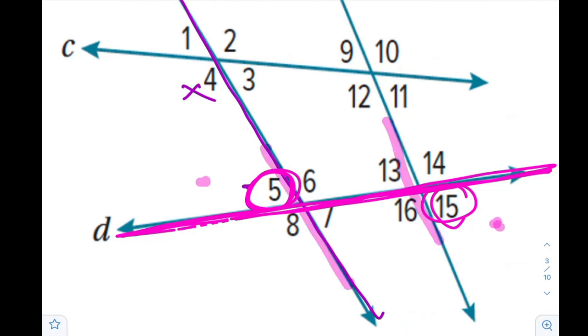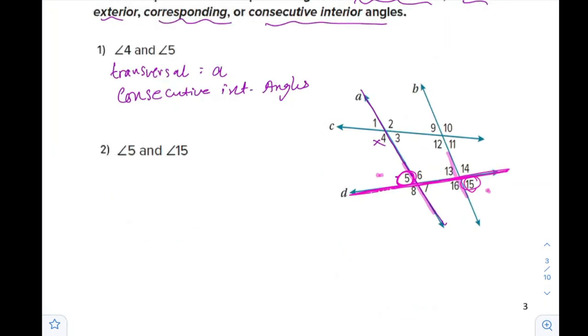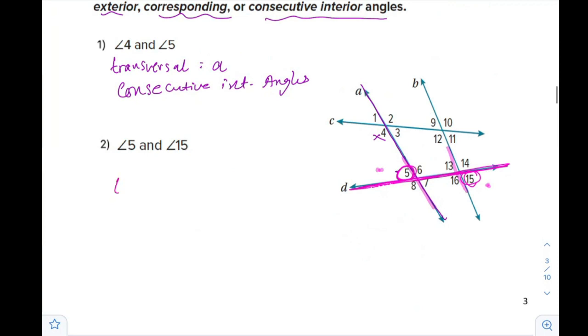And as you see, these are exterior angles. So we can call them alternate exterior angles. And the transversal in our case is this line, which is D. So the transversal is D, and they are alternate exterior angles.